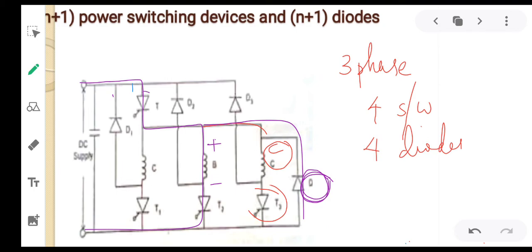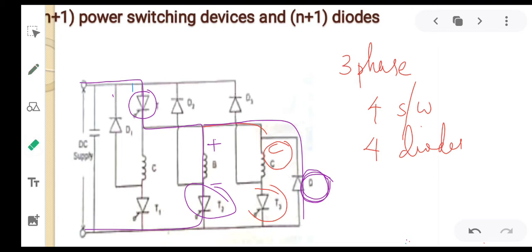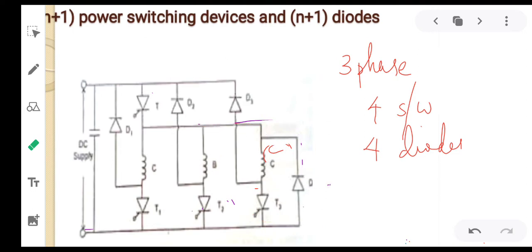Now when this T and this T2 are switched off, this will become minus, this will become plus, which will make this D2, and this minus will make this D forward biased.